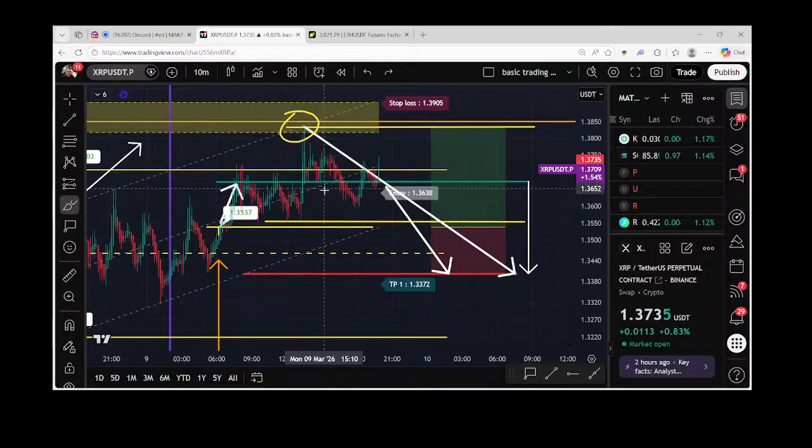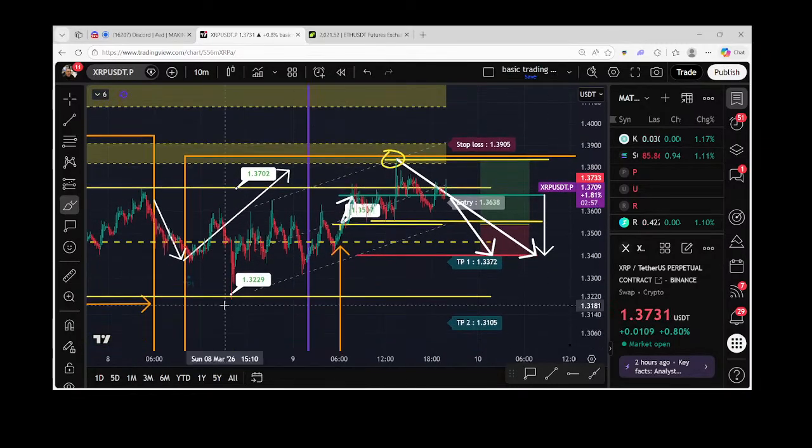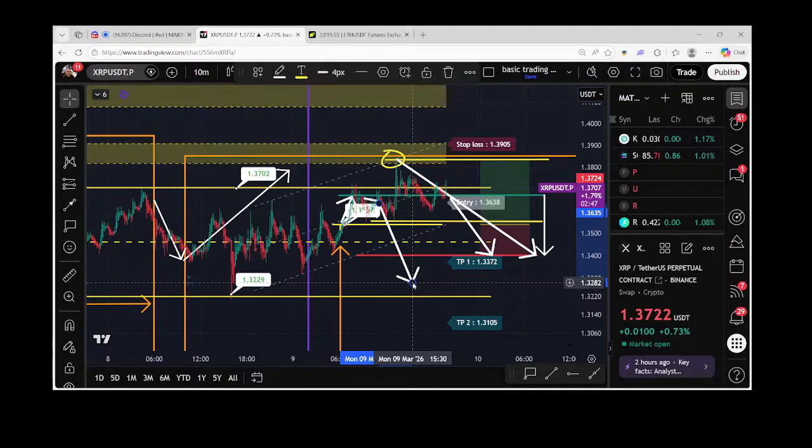Now, we want to get a little more detail because let's say the trade does this. Let's say the trade starts off and we enter and it goes up here, and then it doesn't really build to our take profit and it drops down to here, and then after it drops down there, it makes this big move.